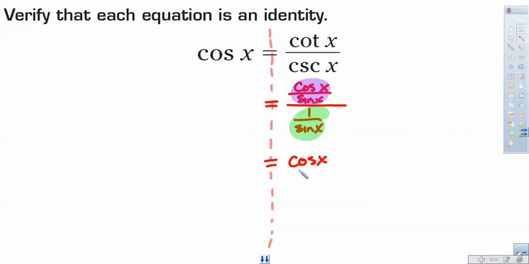So let's take cosine of x divided by the sine of x. Let's multiply by the reciprocal, which would be sine of x over 1. What's going to happen here? See a sine, and now our result here is the cosine of x, and we have successfully proved this identity.